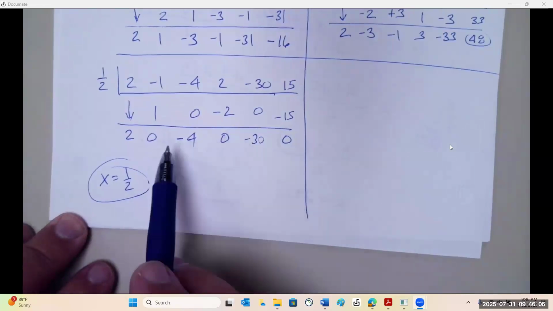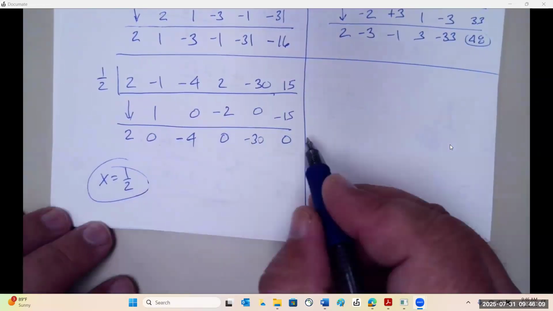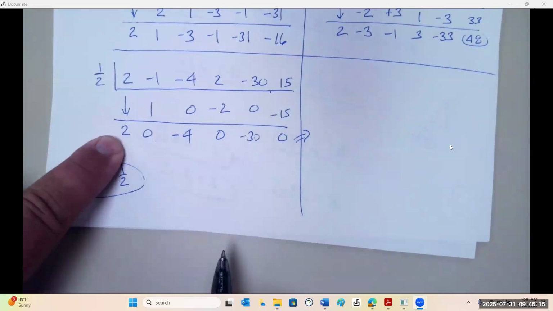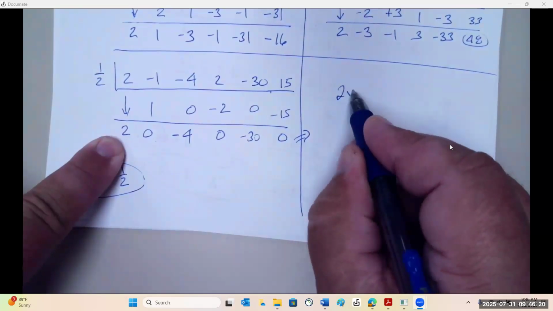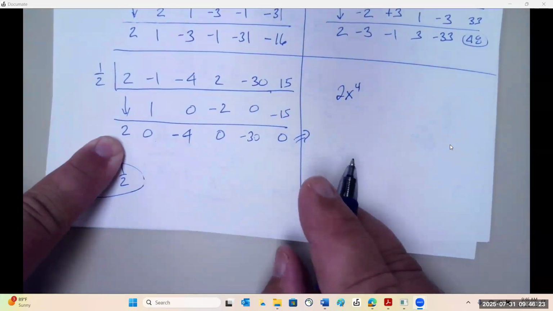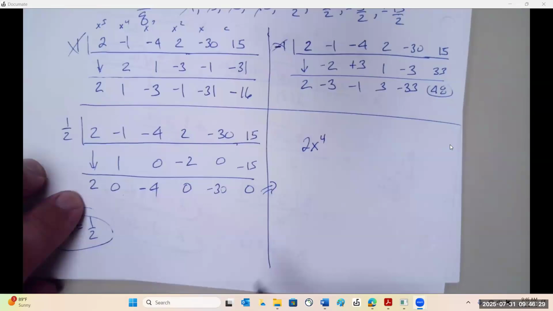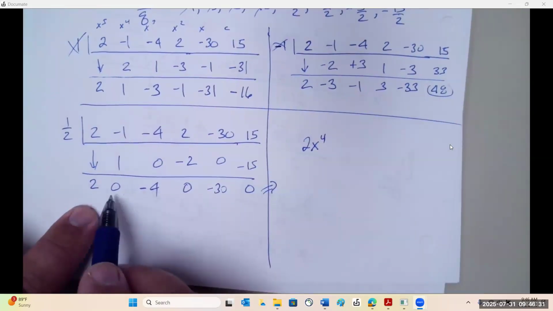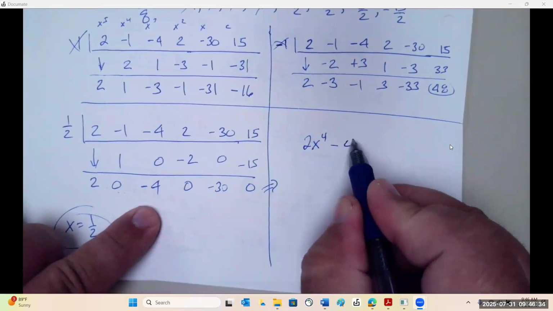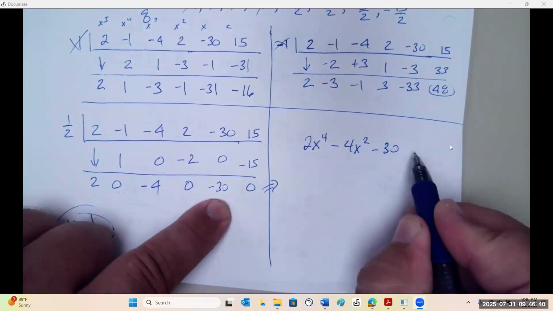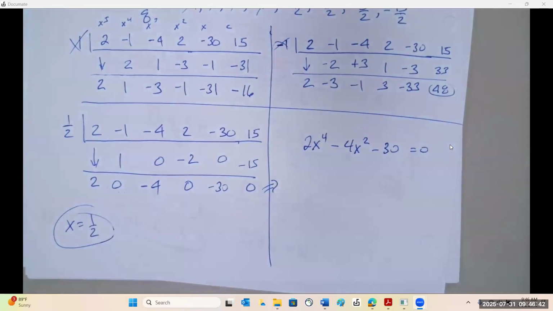Looking at this, we see they have a bunch of zeros. So if we were going to write this one out, what would be the x value for this one? It'd be 2x to the fourth, because we started off with 5 and we got rid of 1x right there. Then this would be x to the fourth, x to the third. This would be minus 4x squared. That would be x, and that would be my constant. What do we notice about this equation?